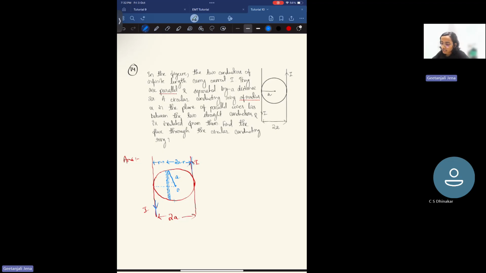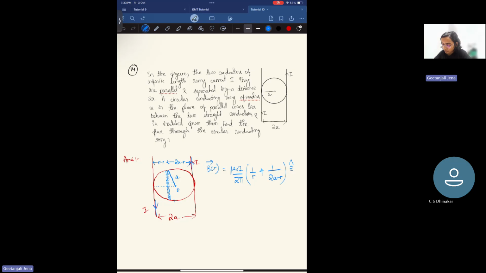If you check, these magnetic fields are in the same direction, so they will add up. So B(R), you can write it as mu naught I by 2 pi, 1 by R plus 1 by 2A minus R. Let's say this is in the Z direction.